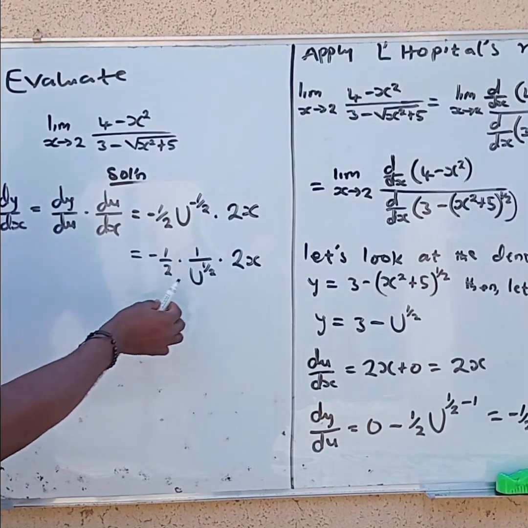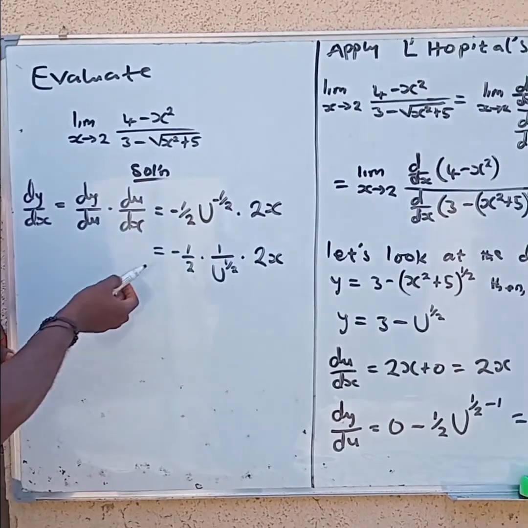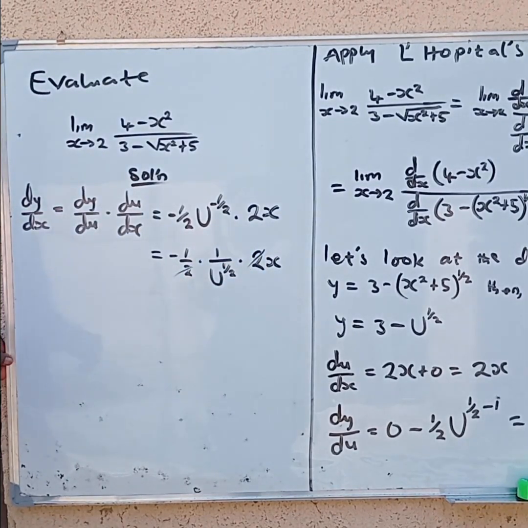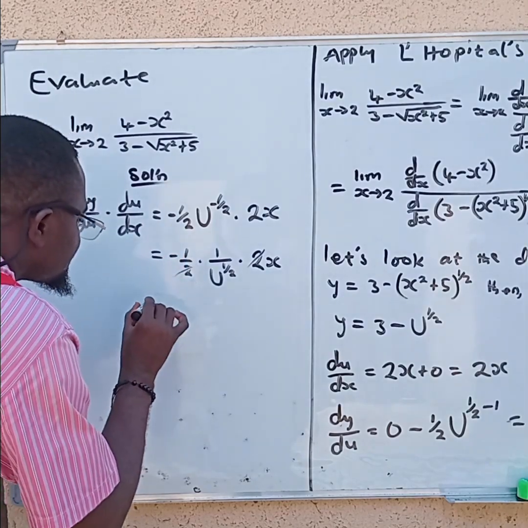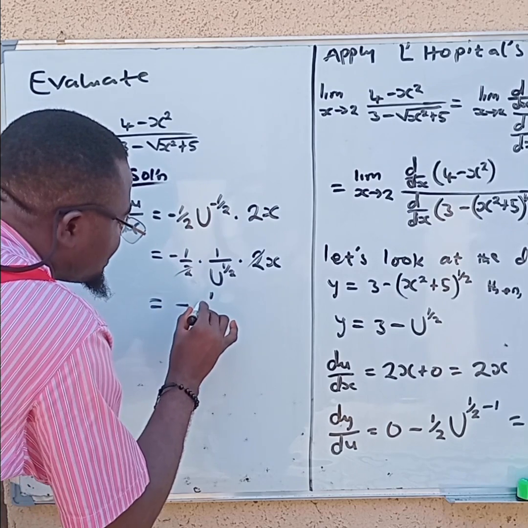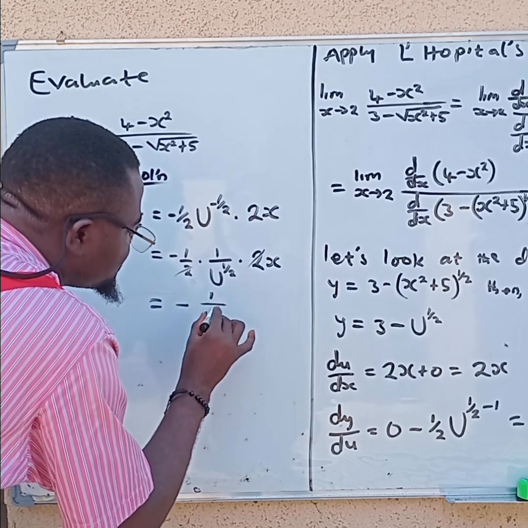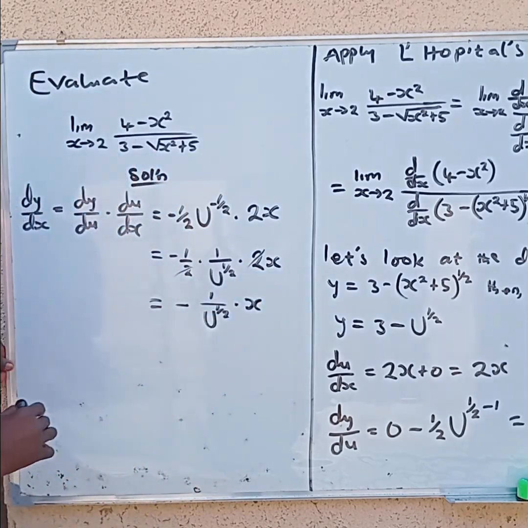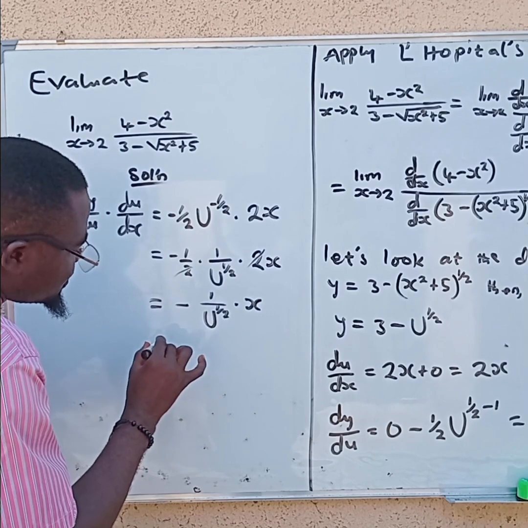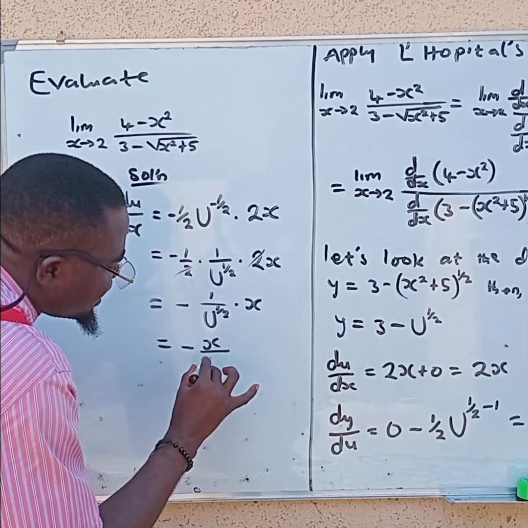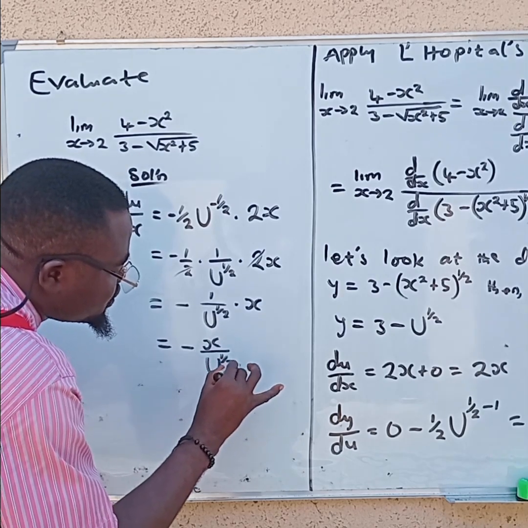Now, do you know that this one is down and this one is up. So this can go with this. Right. If that goes with that, we'll now have minus 1 over u raised to the power of half dot x, which is the same thing as minus x over u raised to the power of half.